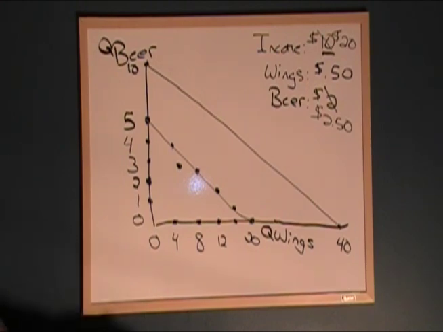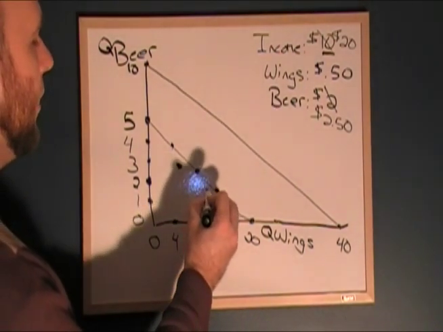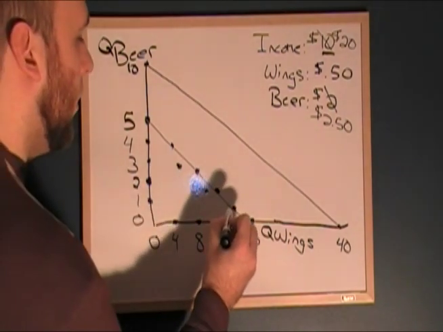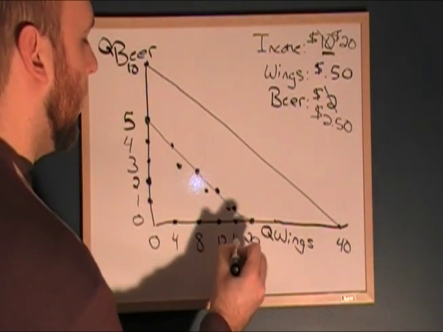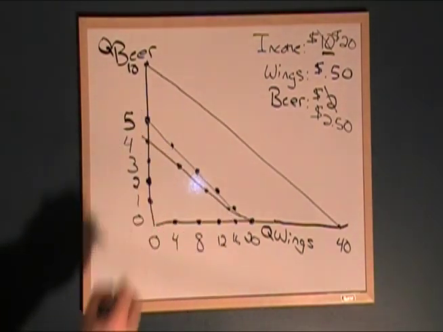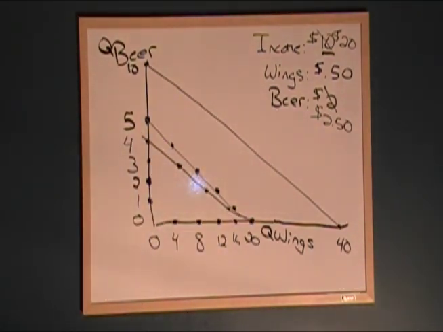That combination would be 2 beers and 10 wings. And if we were to buy only 1 beer, that's $2.50. We have $7.50 left over. So we could buy 15 wings. And we could do that, connect them together, and we see another new budget constraint.